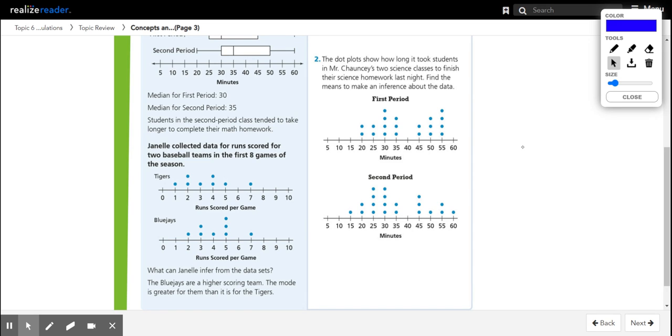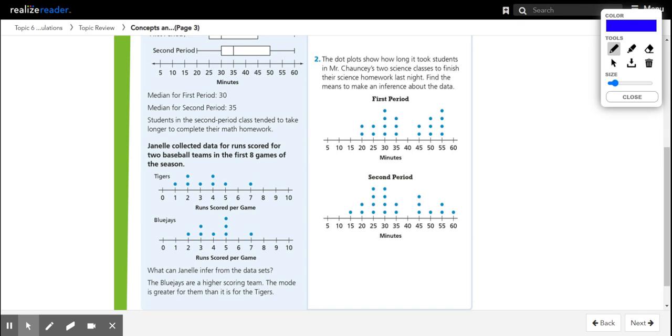Looking at the example, the dot plots show how long it would take students in 2 science classes to finish their science homework, and we're supposed to make an inference. One thing we can do is find the mean. When you find the mean, you add up all these data points and then divide by how many numbers we have. You can also find a median, which is the middle number for each, and then compare those.